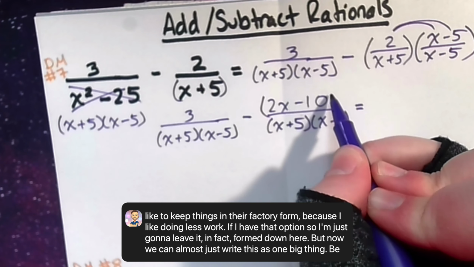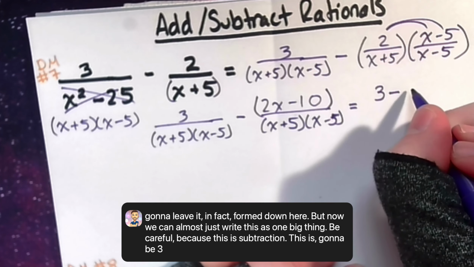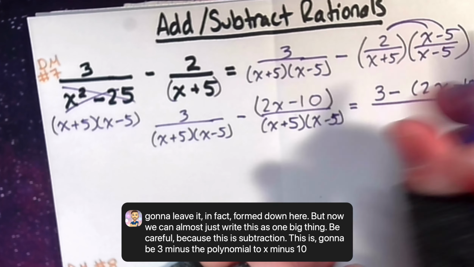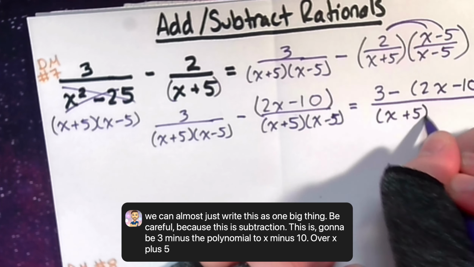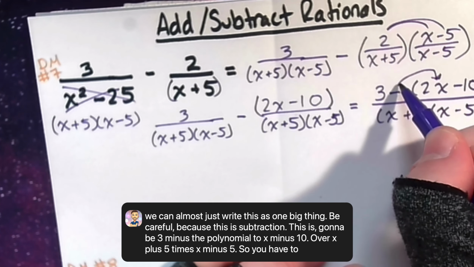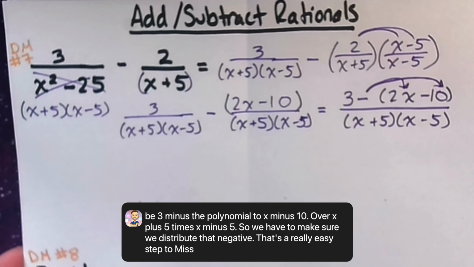Be careful because this is subtraction. So this is going to be 3 minus the polynomial 2x minus 10 over x plus 5 times x minus 5. So we have to make sure we distribute that negative. That's a really easy step to miss. Don't be the person that misses it.